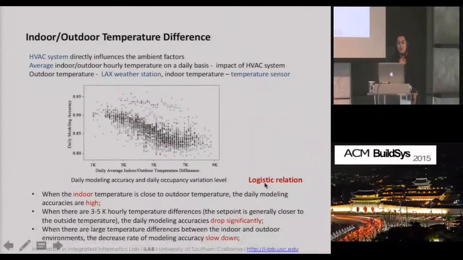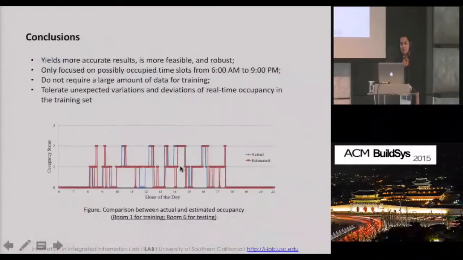And then when there are large temperature differences, the decrease rate of modeling accuracy slowed down, because no matter which room was used for training, the training data contained samples from when the HVAC was on, and the HVAC system at larger differences worked continuously, so it didn't have that much of an effect.